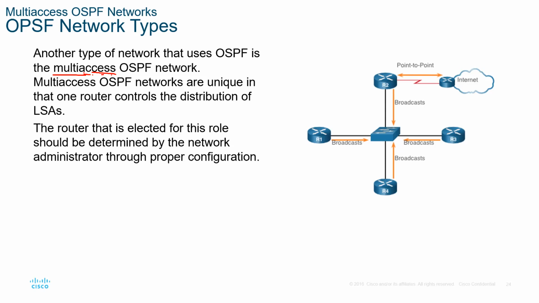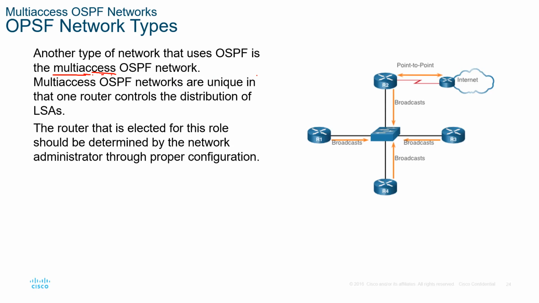The multi-access OSPF networks are unique in that one router controls the distribution of link state advertisements. Generally, the router that is elected for this role should be determined by the network administrator, through proper configuration.